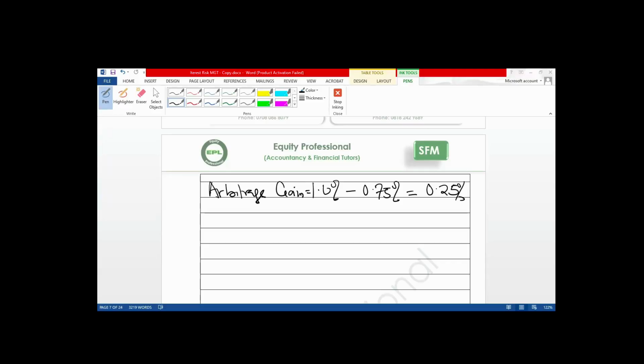If you compute your arbitrage gain and it happens to give you 0, that means there's no profitable opportunity for swapping. In other words, you don't need to go to step 2. There's no point arranging a swap between the two.